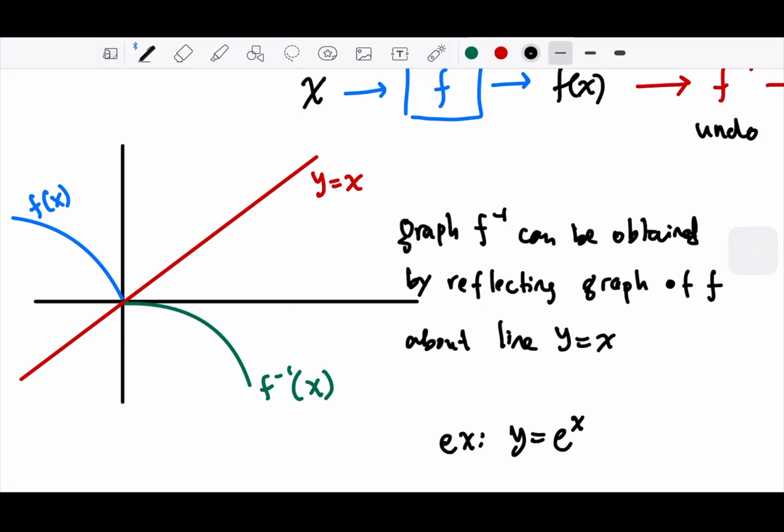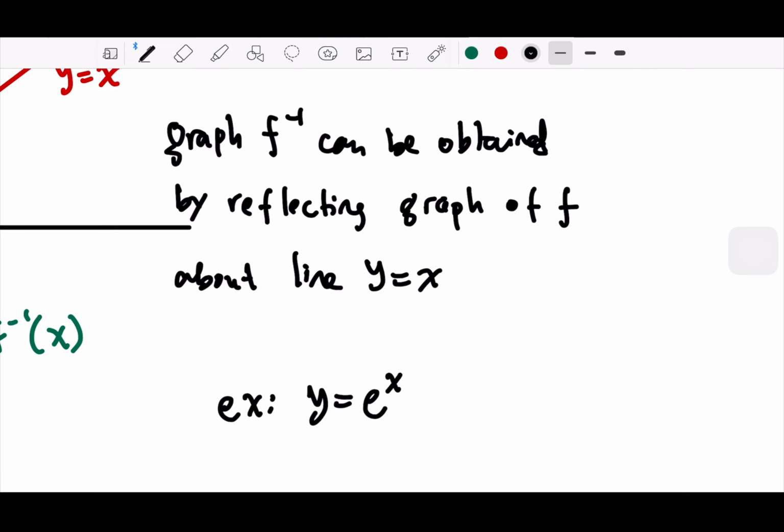The inverse of e is log, or ln. In this case, it's ln. This is the inverse, and you can prove that in the graph.